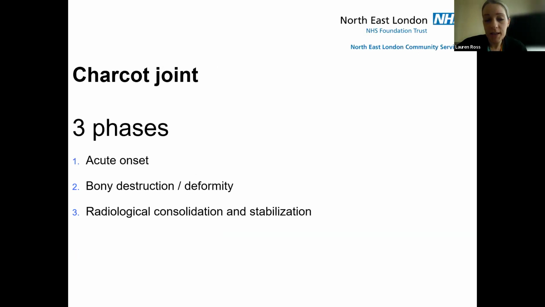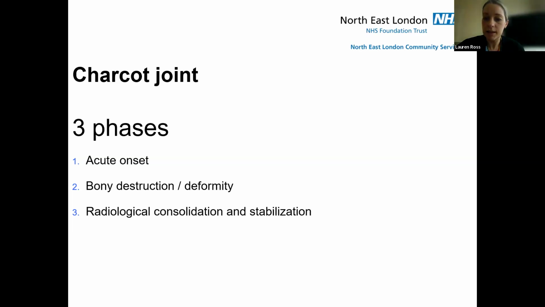So Charcot deformity, this is a serious foot condition which can lead to significant deformity. There are 3 stages. It's the acute phase that will quite often present as a red hot swollen foot, usually with pain, which is unusual because it would be patients that have neuropathy that develop a Charcot joint. So if the patient's coming in with a red hot swollen foot and they're saying it's painful, that sends the alarm bells ringing.